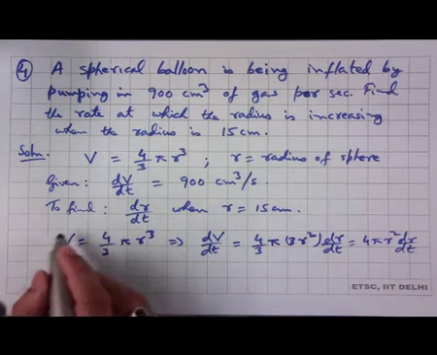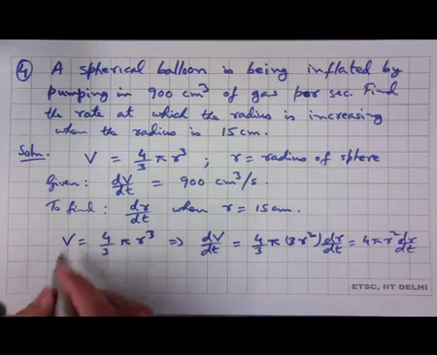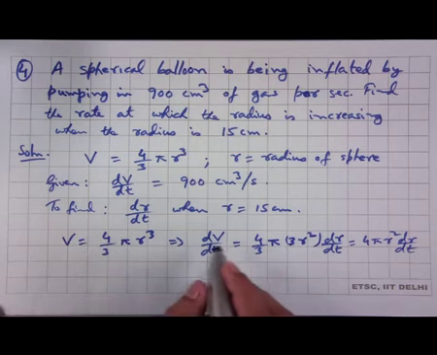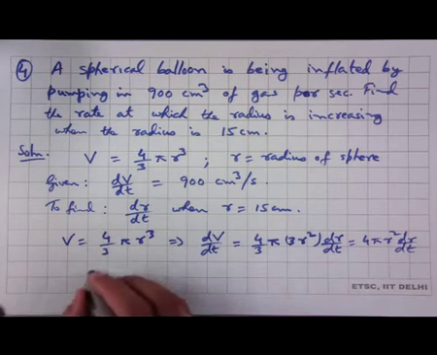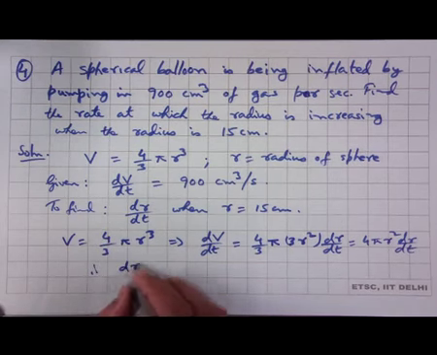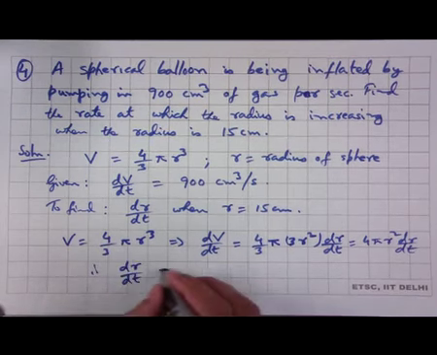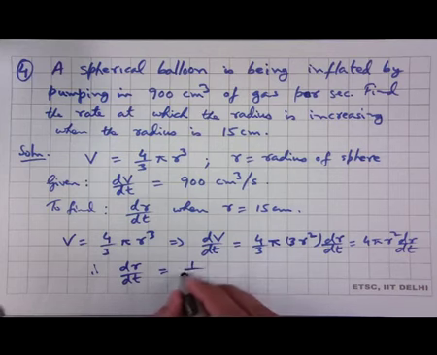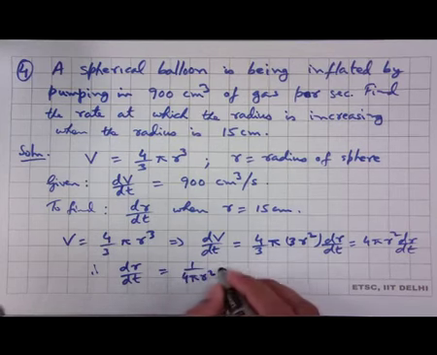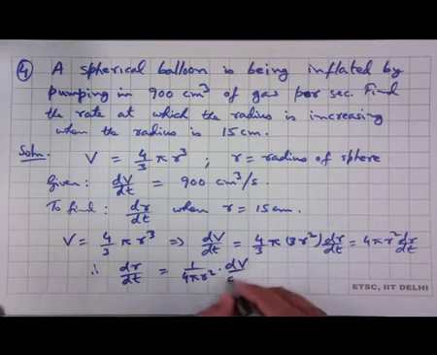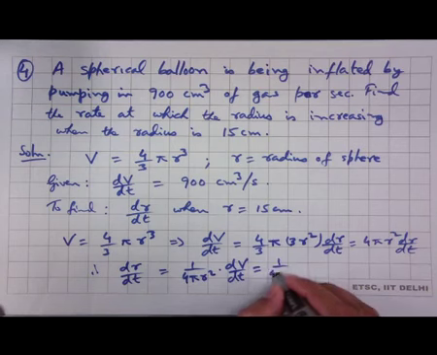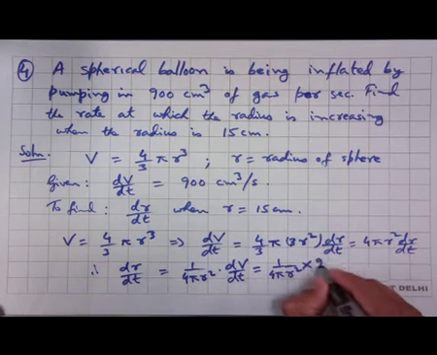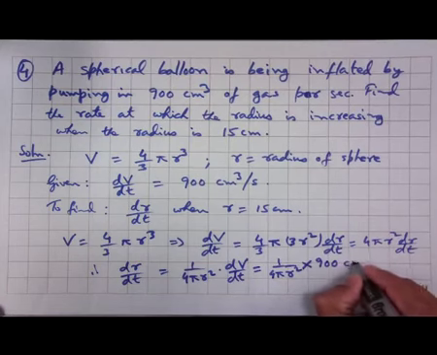We are given that dV/dt is 900 centimeter cubed per second. So, therefore, dr/dt is equal to 1 by 4 pi r squared times dV/dt, which is equal to 1 by 4 pi r squared times 900 centimeter cubed per second.